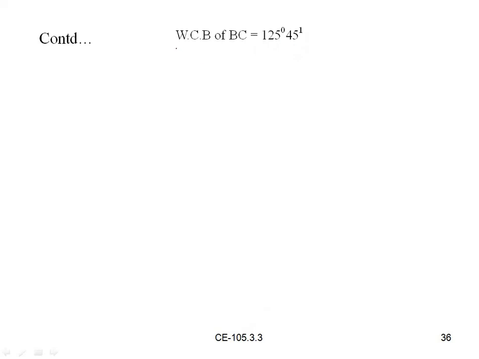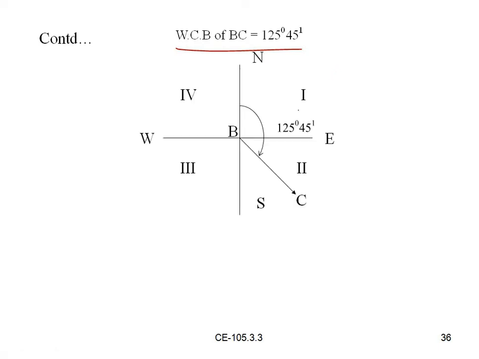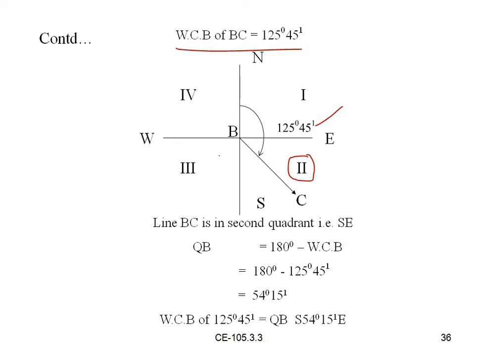Now the whole circle bearing of BC is equal to 125 degrees 45 minutes. So it is in the second quadrant. This is the line BC, where the direction will be seen.